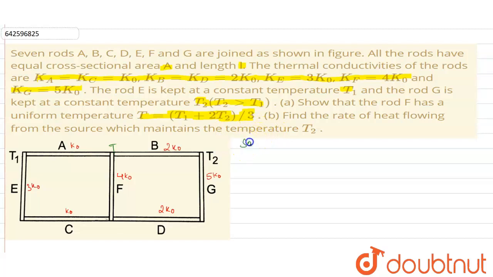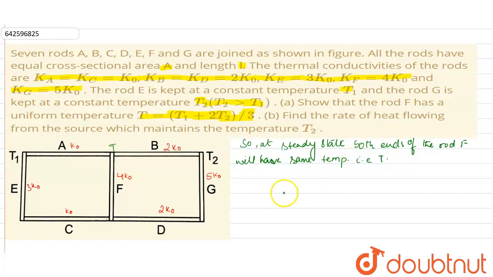So at steady state both ends of the rod F will have the same temperature, that is T. Now at the steady state the heat flow from both sides will be equal.